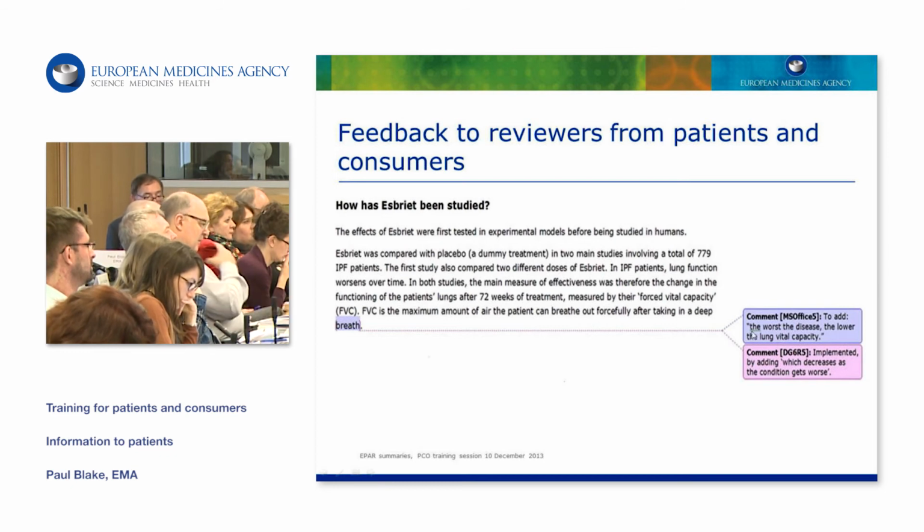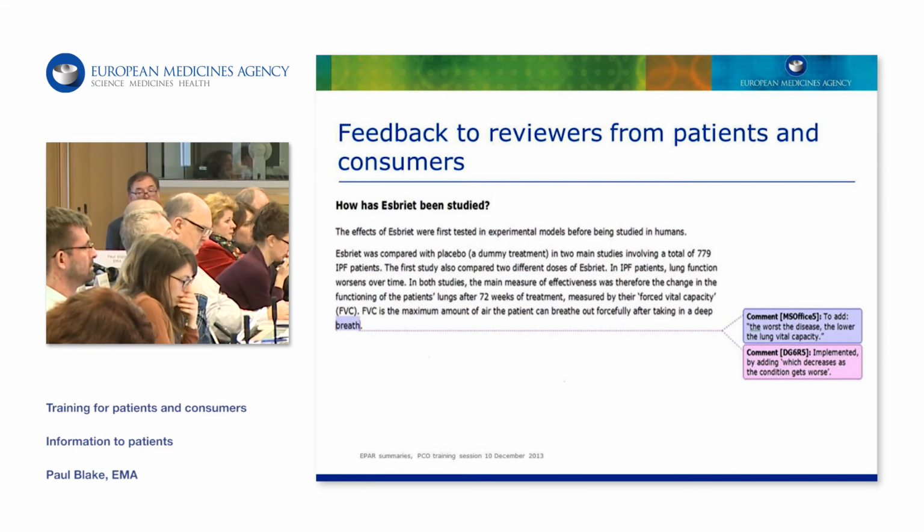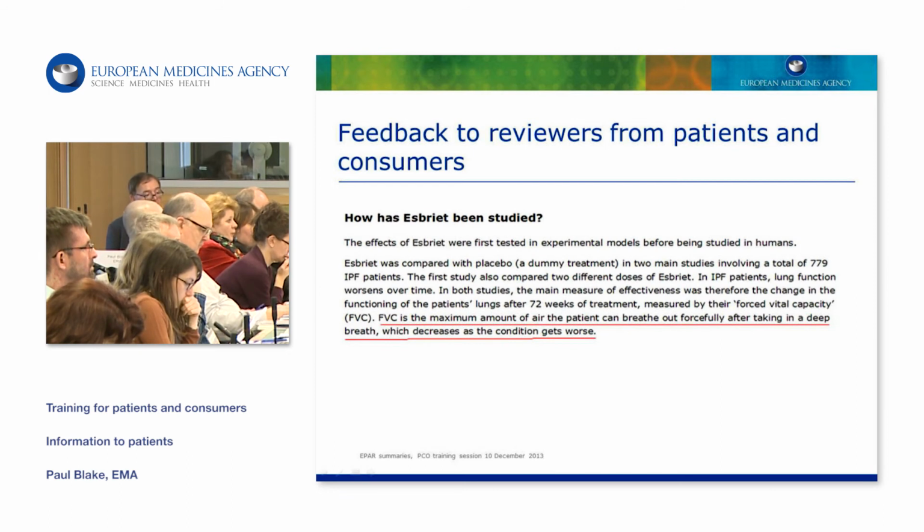And quite helpfully, the patient reviewer pointed out that it would perhaps be useful to say that this measure goes down as the disease gets worse. And that's exactly what we did.